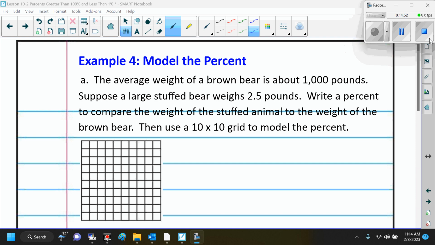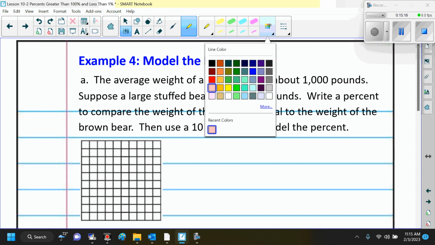All right, so example 4 says model the percent. So now we're modeling those percents that are less than 100. It says, the average weight of a brown bear is about 1,000 pounds. Suppose a large stuffed bear weighs 2.5 pounds. Write a percent to compare the weight of the stuffed animal to the weight of the brown bear. So what are we comparing?